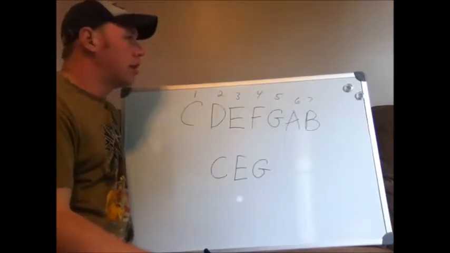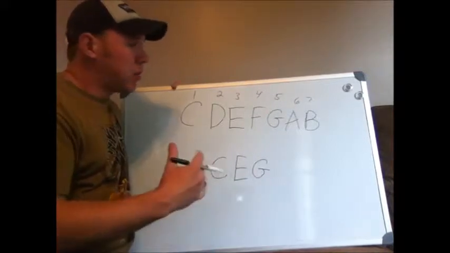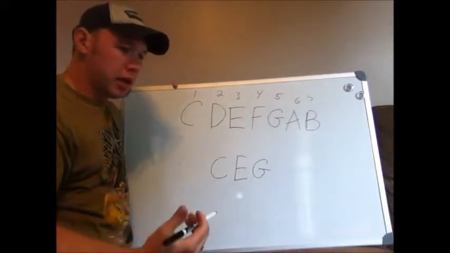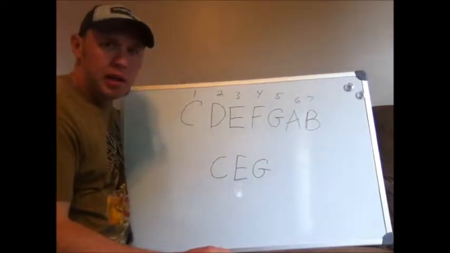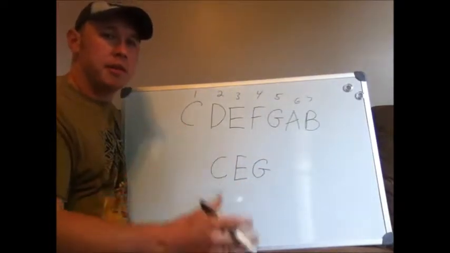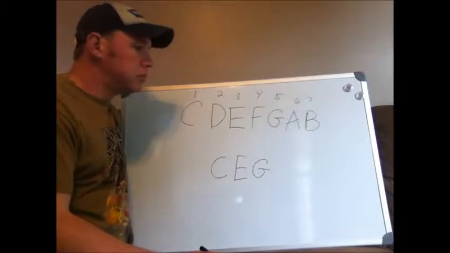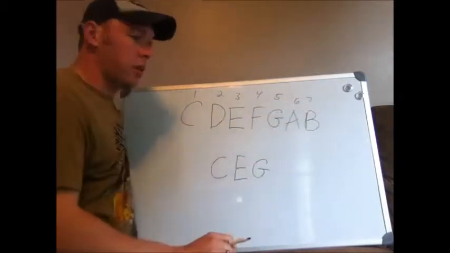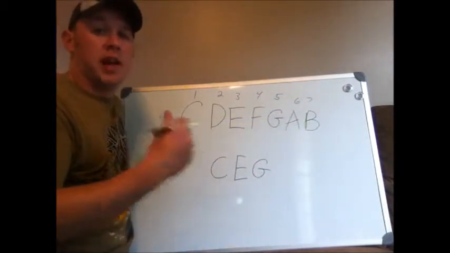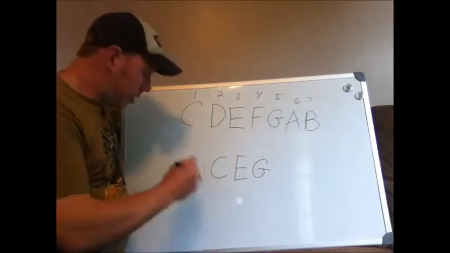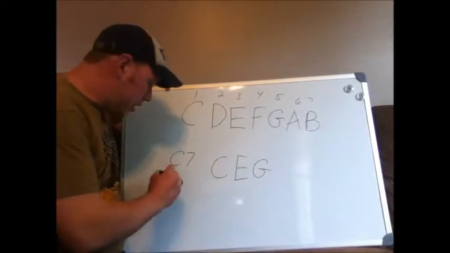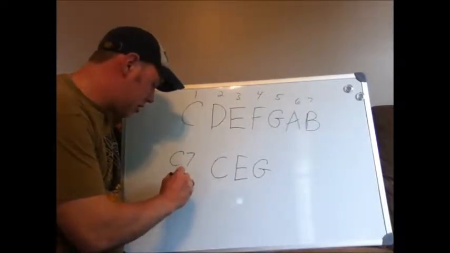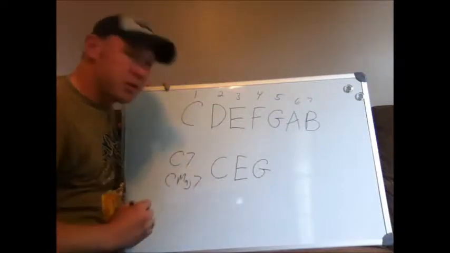Alright, so let's talk about extended chords. The first one you usually get into when you extend a chord is by adding another note to it, and that would be the typical dominant 7th. That would be adding the 7th note. Now, there's a difference between a C7 chord, written like this, C7, and C major 7.